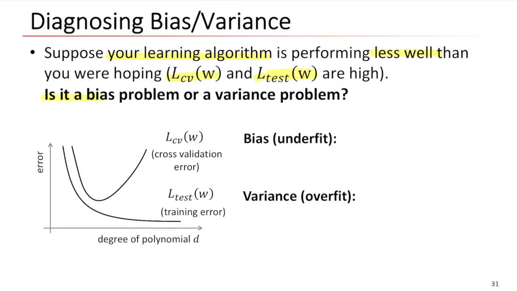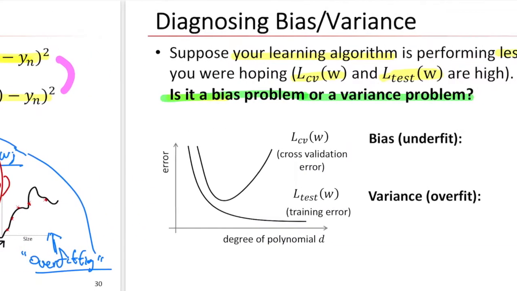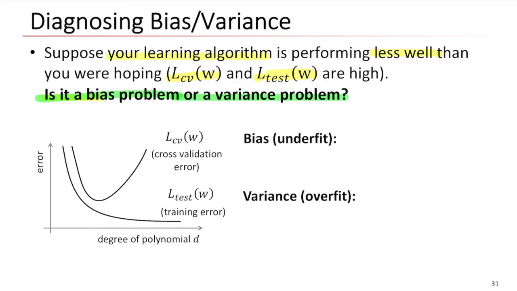So is it a bias problem or a variance problem? Okay, let's read through this plot here. This is the training error as varying the polynomial d. This is the cross validation error, and this is the testing error.